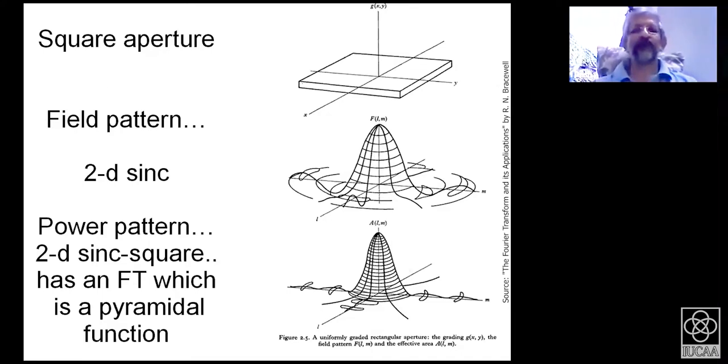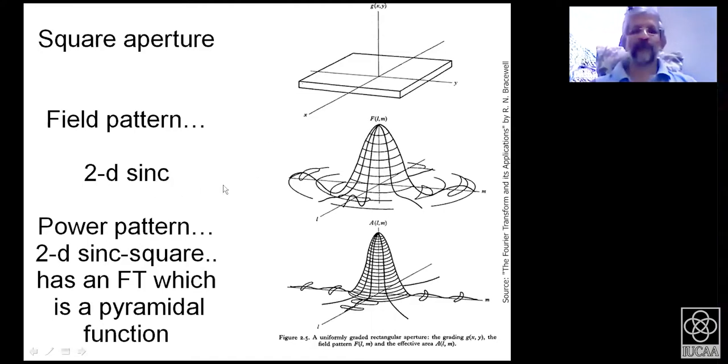Even in the aperture domain, which is the other two of the three dimensions we will be dealing with, we will find that for a square aperture, John has already shown you that for a rectangular aperture, the beam, the response pattern will be a product of two sinc functions in the two orthogonal directions. And so it's a 2D sinc.